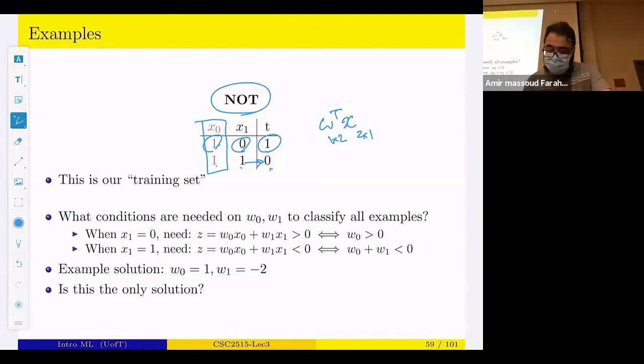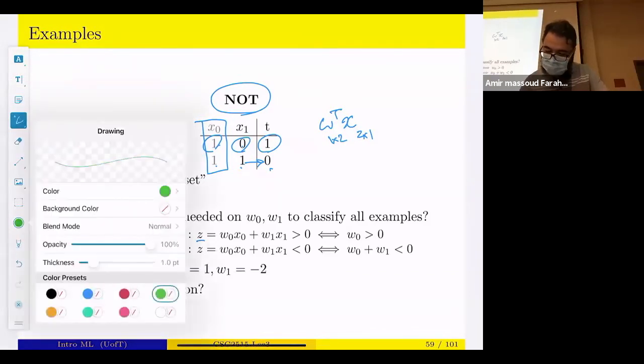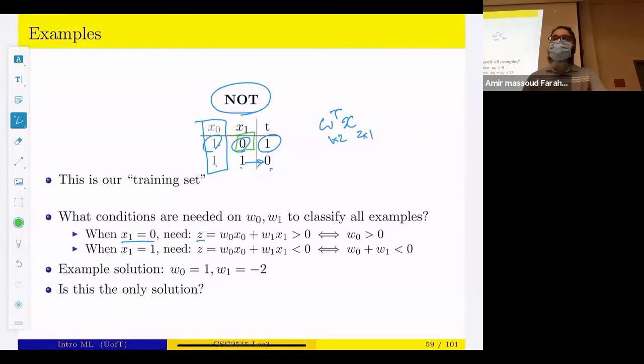So when X1 is equal to 0, what do we need? We need Z to be positive, because if X1 is 0, we need our classifier to predict a positive value. So Z should be positive so that after thresholding, it gives us +1 as output. What is Z? Z is W0 X0 plus W1 X1, that should be positive.